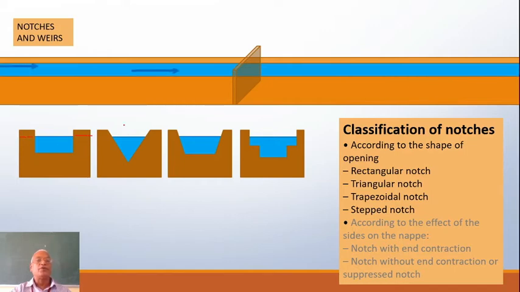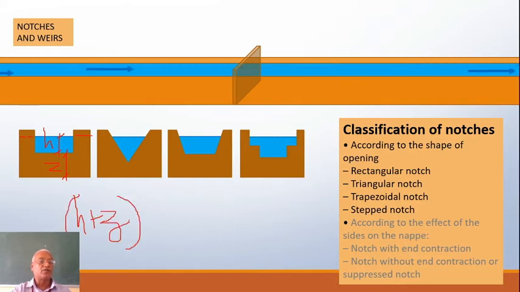So if the height above the crest is termed as h, and the crest height itself is termed as z, the total depth of the water that is flowing inside the channel will be h plus z.